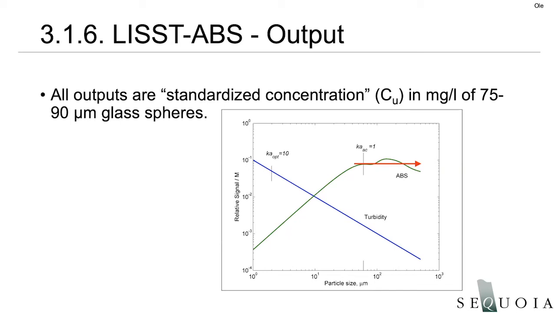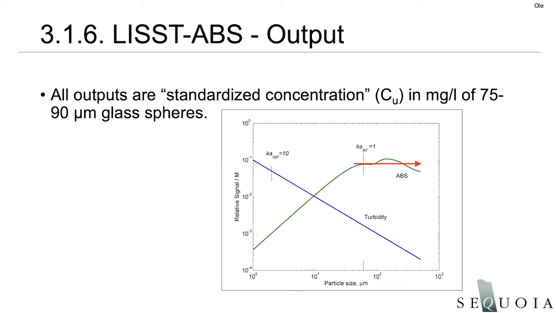So if you were in an environment where the sediment size was always 75 to 90 micron, then the LISST-ABS would always output the exact accurate concentration of the suspended particles. Now, we all know that it's not 75 to 90 micron constant anywhere. It varies quite a bit.